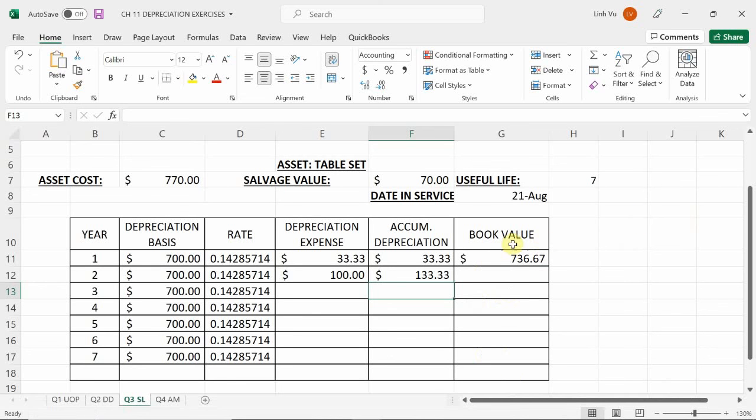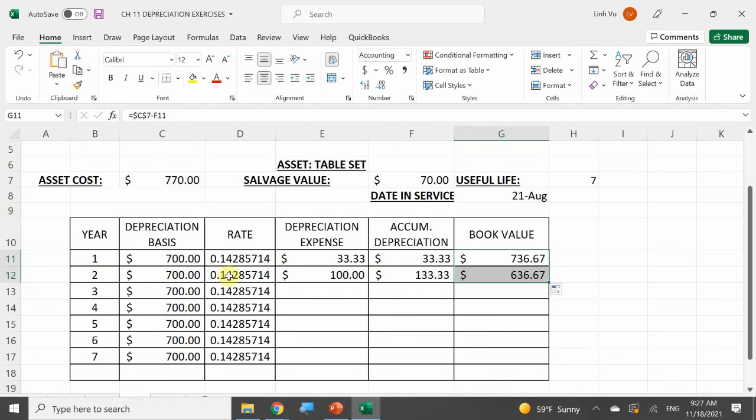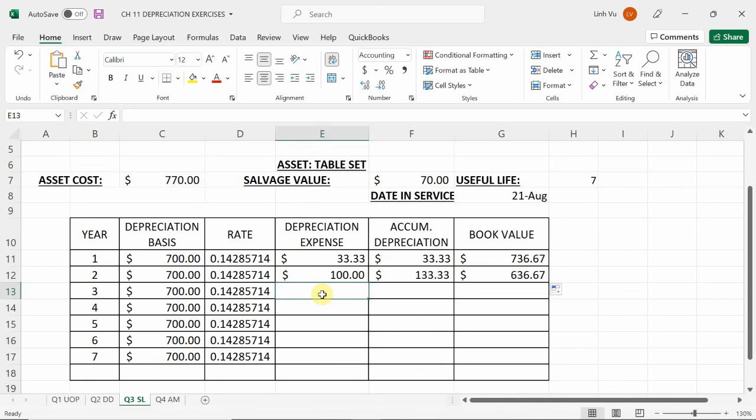Which then brings my book value to $636.67. Okay, so let's go ahead and compute the next one. What's my depreciation expense going to be for year 3? It stays the same the rest of the years. Yes, $100. For the next 7, they're all going to be $100.